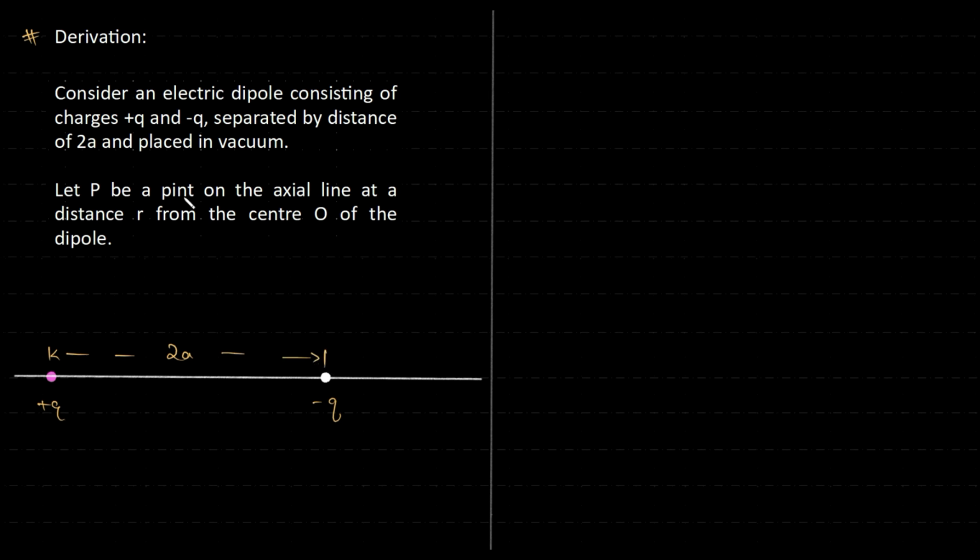Let P be a point on the axial line at a distance of r. So if this is O, the center, this distance is r. Right, that's your entire figure.